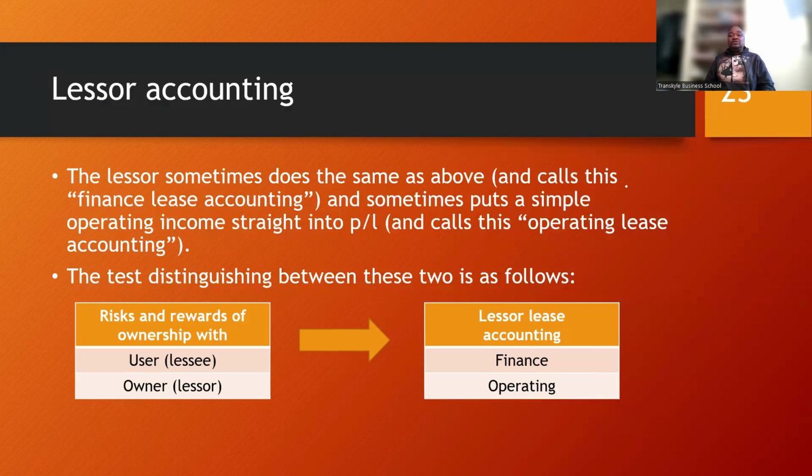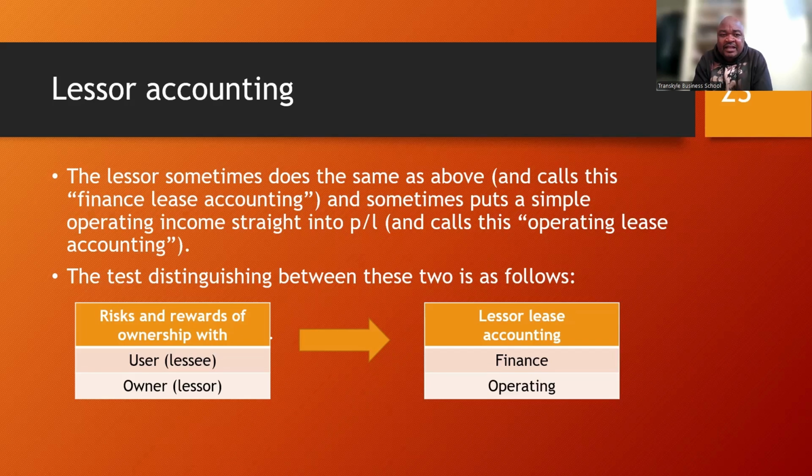Now, let's talk of lease accounting in the lessor. That's lessor accounting. The lessor sometimes does the same as above and calls this finance lease accounting, and sometimes puts a simple operating income straight into profit or loss and calls this operating lease accounting. The test distinguishing between these two is as follows. Risks and rewards of ownership: with the user, that is the lessee, or the owner, the lessor.